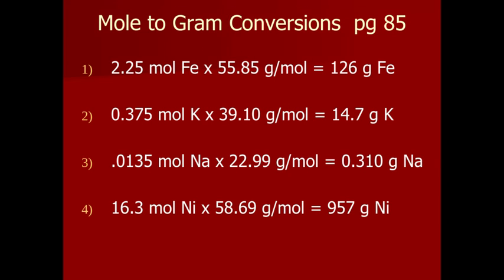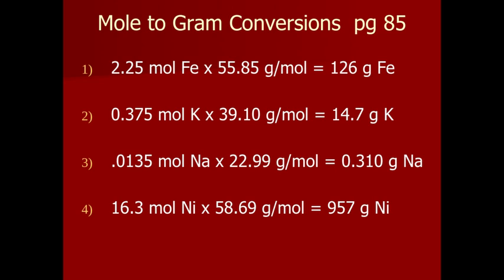So if I start with 2.25 moles of iron, I need to know the conversion factor. So I look on the periodic table. I see the mass of iron is 55.85. Since I start with moles and the moles have to cross out, I know that I'm left with grams. And so I take 2.25 times 55.85, and that gives me 126 grams of iron. Okay. Number 2, I have 0.375 moles of potassium.